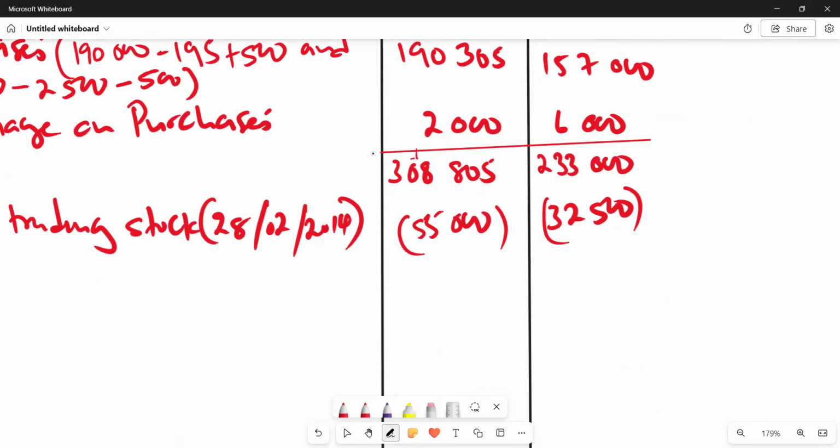So in the first column of takeaway, you are supposed to get 270,195. Second column, we are supposed to get 168,300. So this is what we have, and the description that we have obviously is the gross profit.